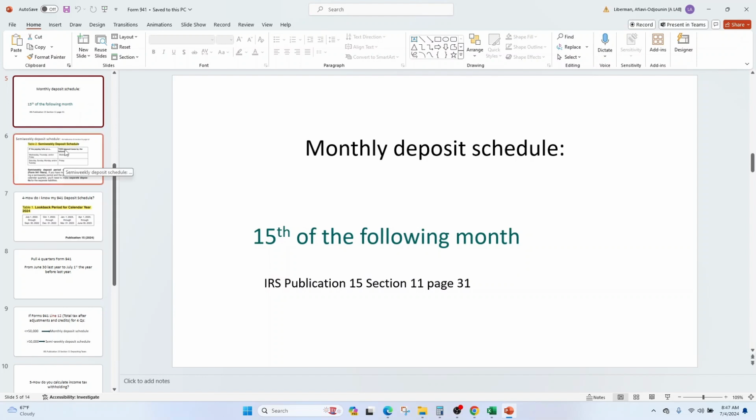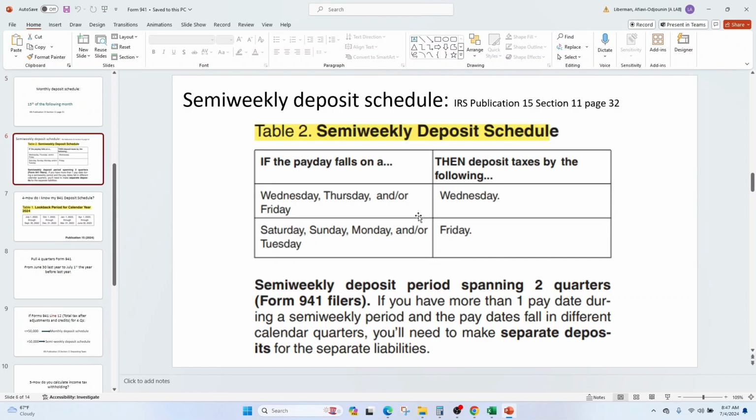And when we are talking about the deposit schedule, we are using when you pay wages, that's when you incur the tax liability. You do not use the accrual method. It's more like a cash method type thing. So when you pay payroll is when you incur those tax liabilities and you pay them.